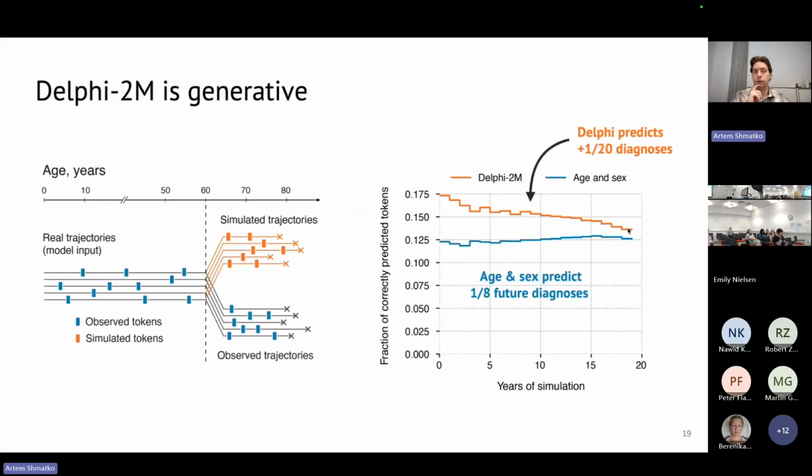Another interesting feature of Delphi is that it is a generative model. Just as LLMs predict tokens one after another, we can do this with diseases. So we can not only estimate the risk of the next health-related event, we can also simulate entire health trajectories in this autoregressive fashion, one token at a time.